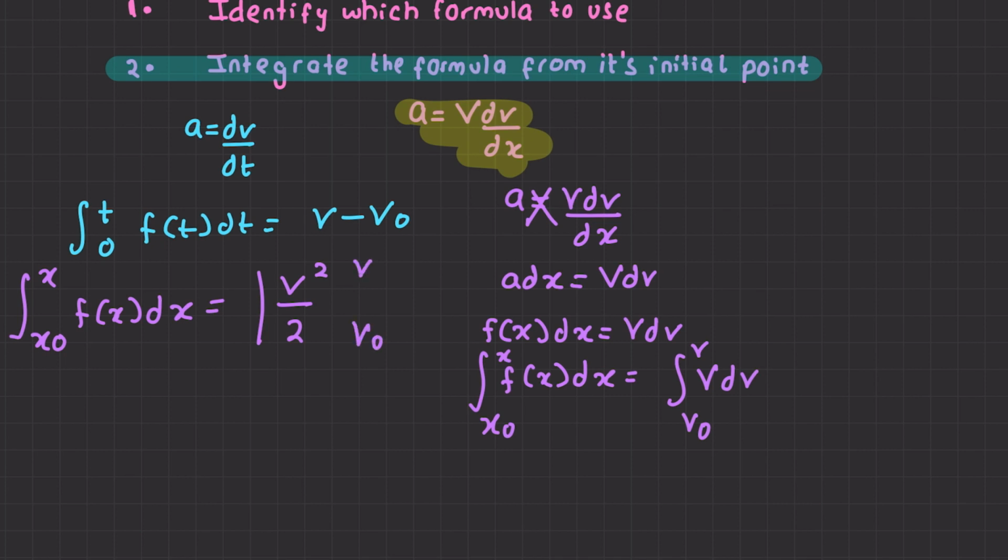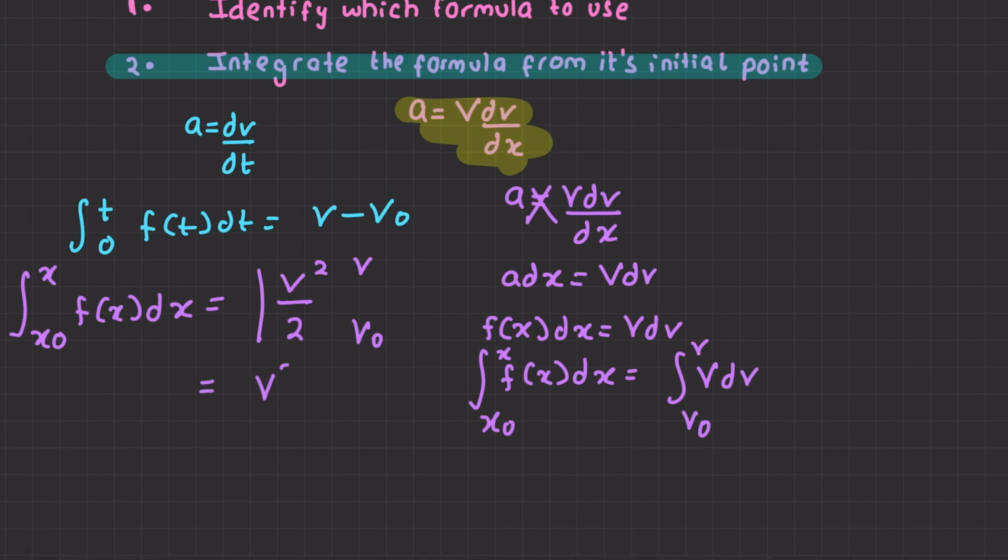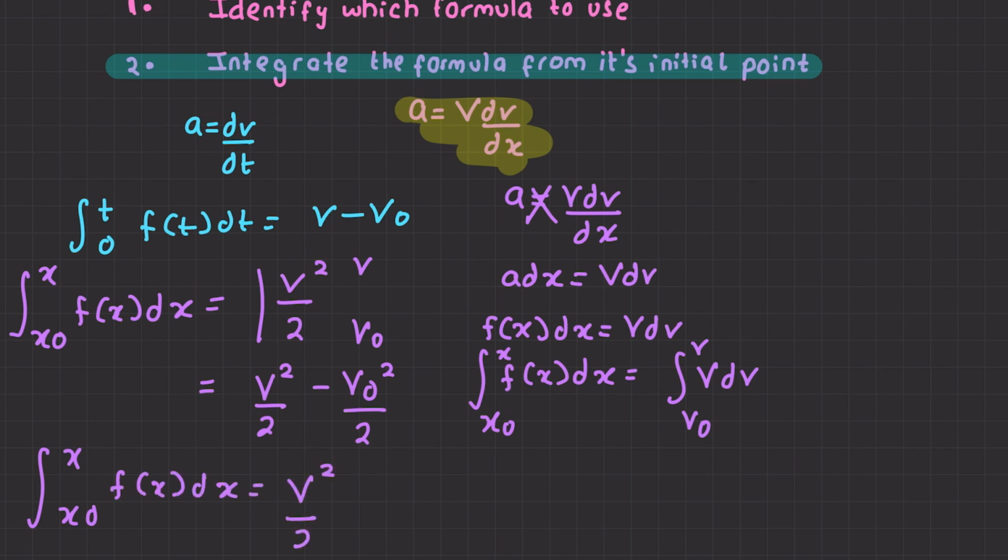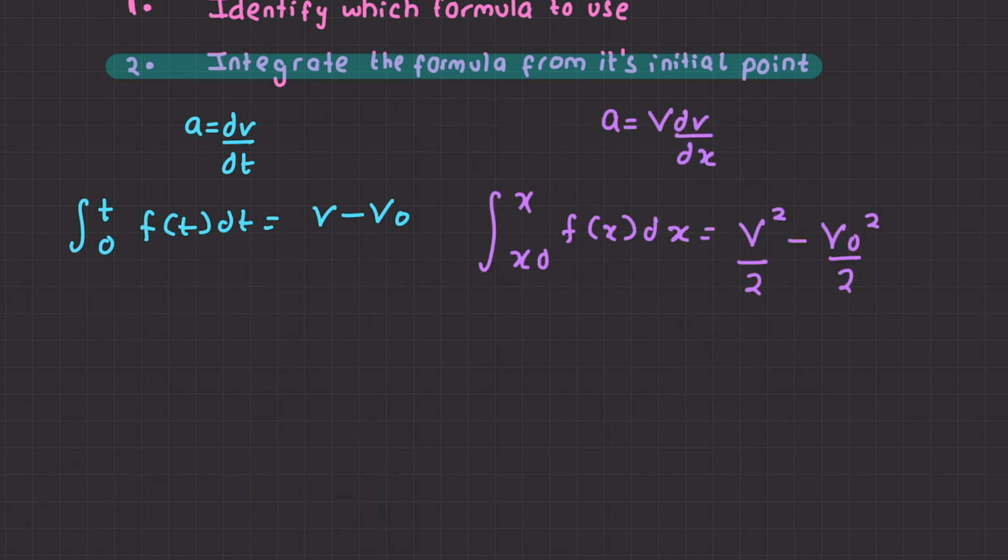That means for our final answer, we have something like this. Okay, now I'm going to write that down neatly. Now, for our two formulas, for this one, we have this, and for our second one, we have this.